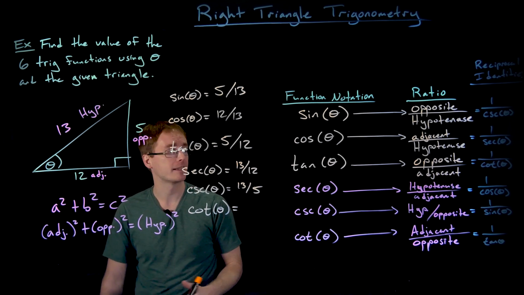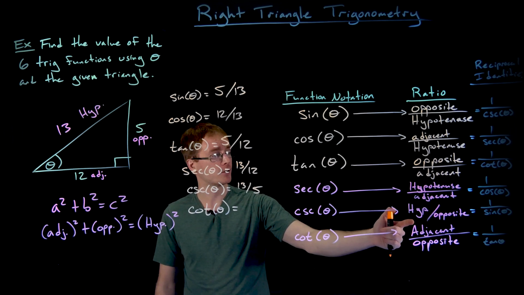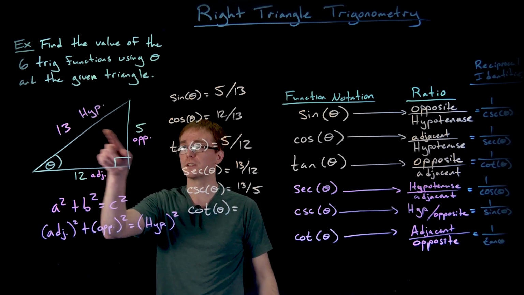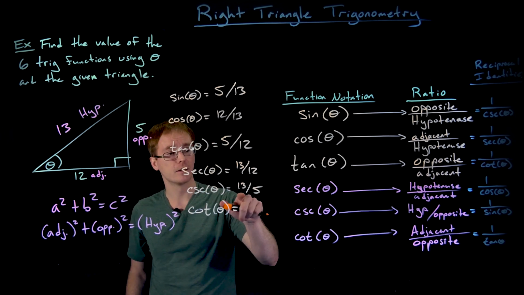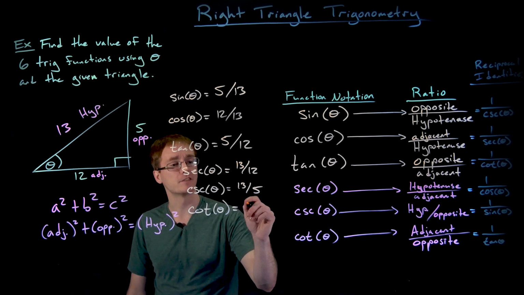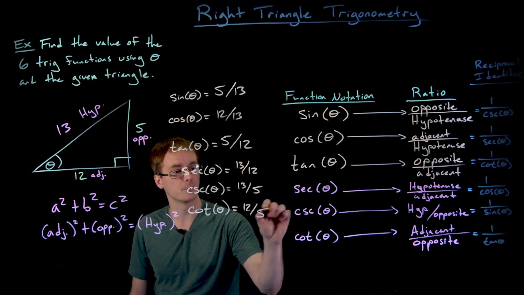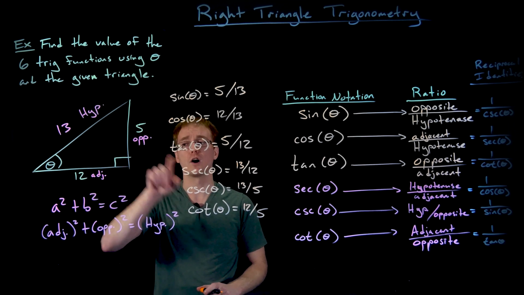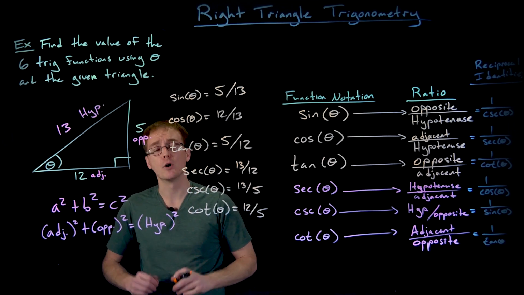We could also evaluate that using the definition of cosecant as hypotenuse over opposite. Hypotenuse is 13, opposite is 5, and 13/5 is what we get. And cotangent is the reciprocal of tangent, so that'll be 12/5. Or you can also think of that as adjacent over opposite. That's another way to get your cotangent value.